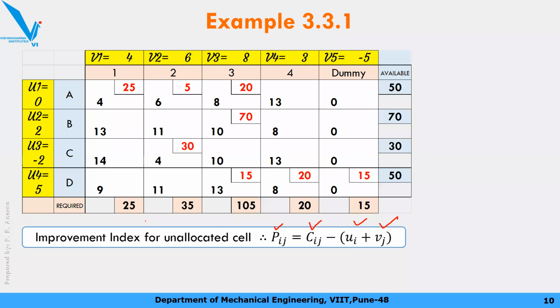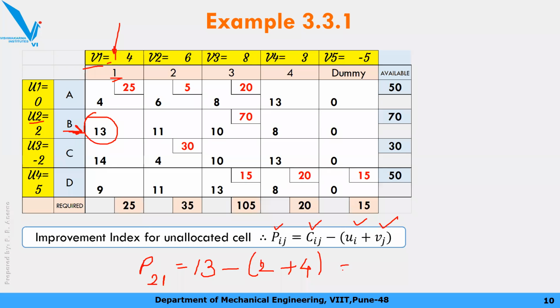Okay, so let's calculate it for B1. So the improvement index P21, row number 2, column number 1, equal to the cost, which is 13, minus the corresponding u and v summation, u2 plus v1. u2 is 2 plus v1 is 4.